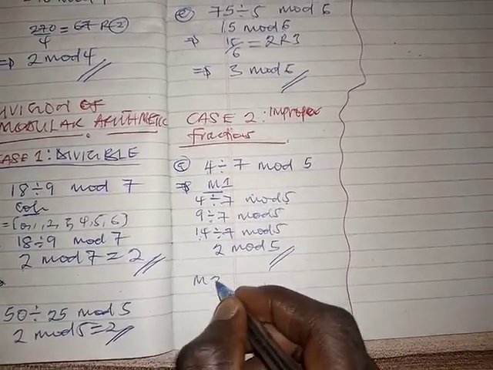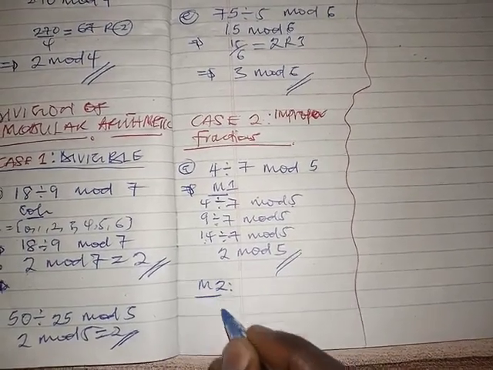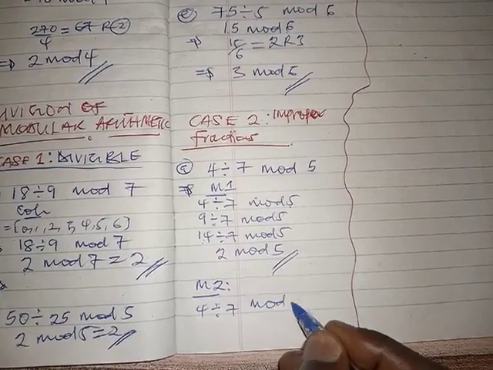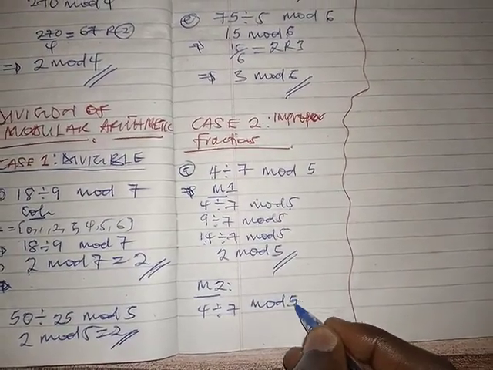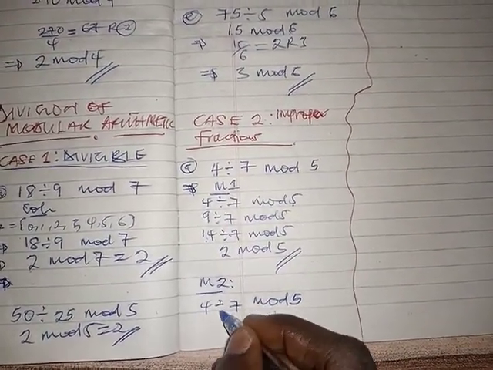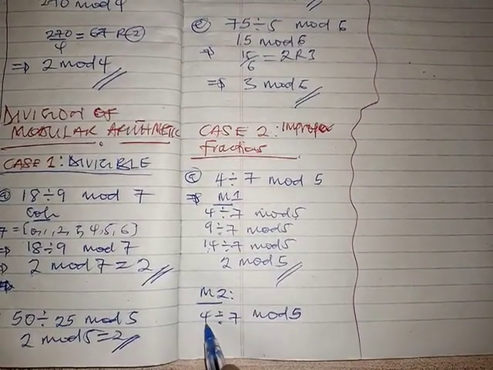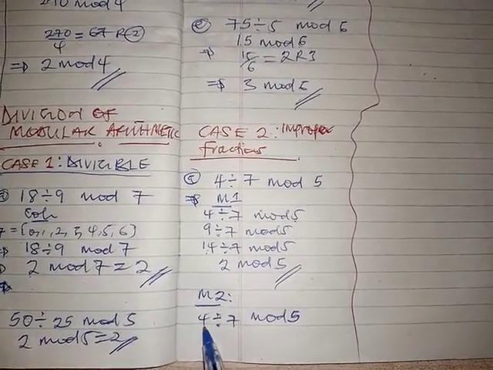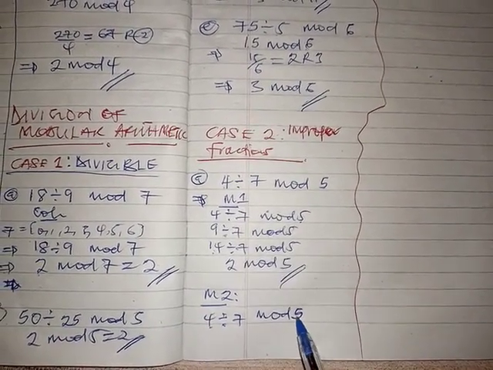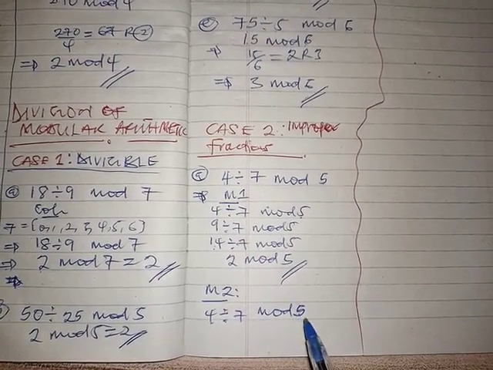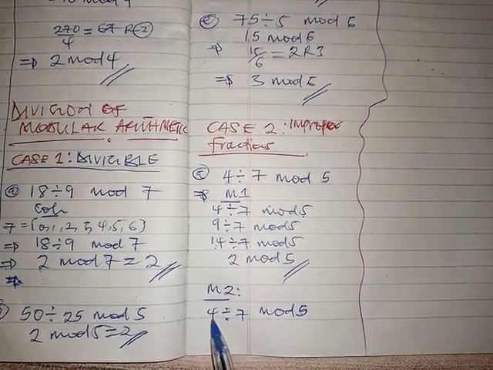Or let's look at the second method. 4 divided by 7 mod 5. Now the second method is saying that since the number 4 here is smaller than 5, you first of all find the mod of this number.